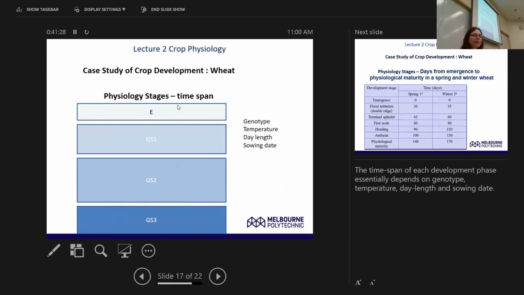This represents the approximate lifespan. So E is quite short, GS1 is longer than E, and GS2 is probably the longest, and that's where most of the vegetative component is, and then this gives the time for GS3 relatively.